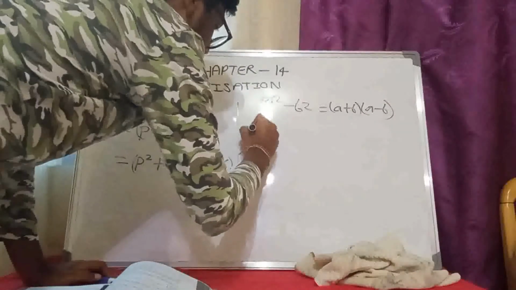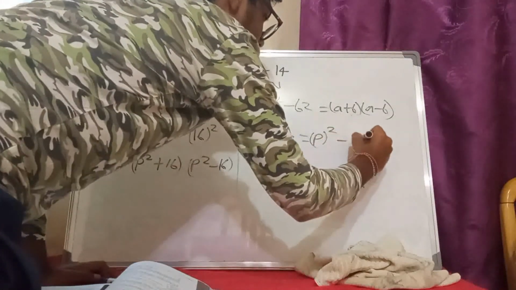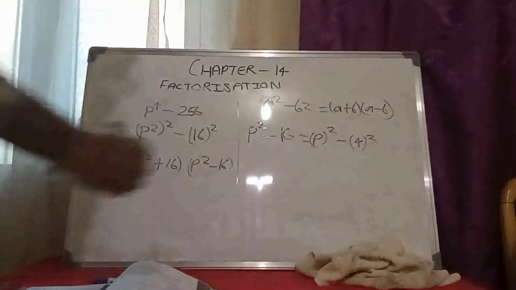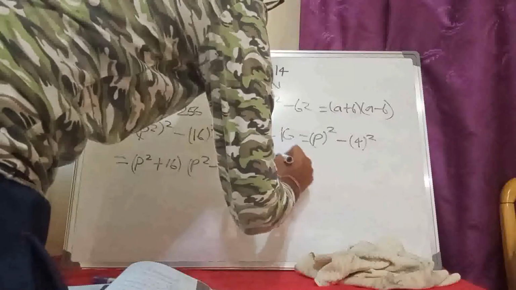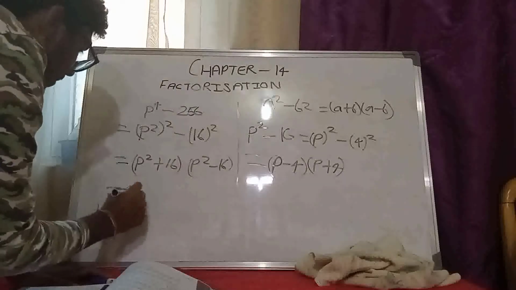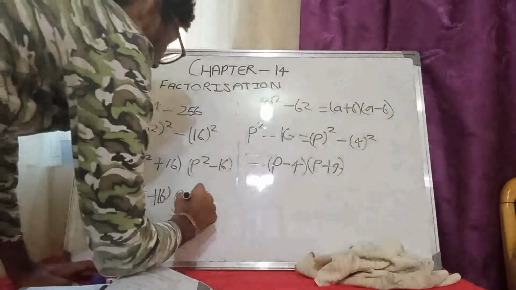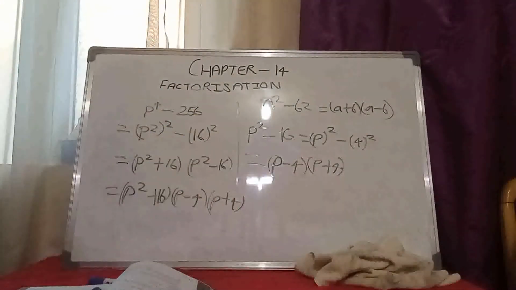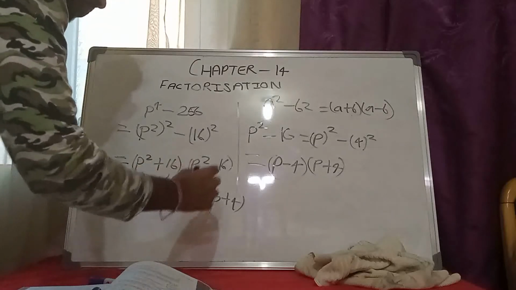Now p square minus 16 can be written as p to the power 2 minus 4 to the power 2. So this is again in the form of a square minus b square. So this can further be written as p minus 4 into p plus 4. So the factors of p to the power 4 minus 256 will be p square plus 16 into p minus 4 into p plus 4.